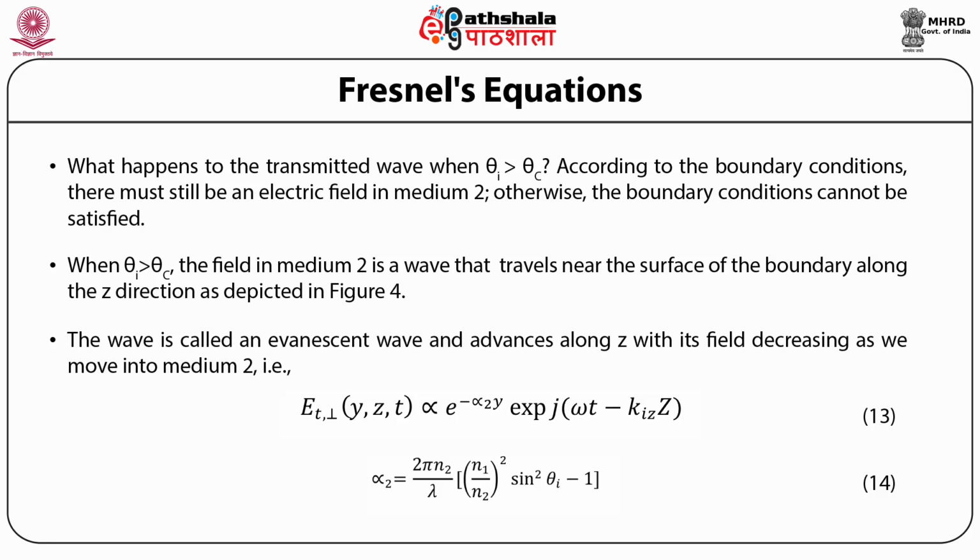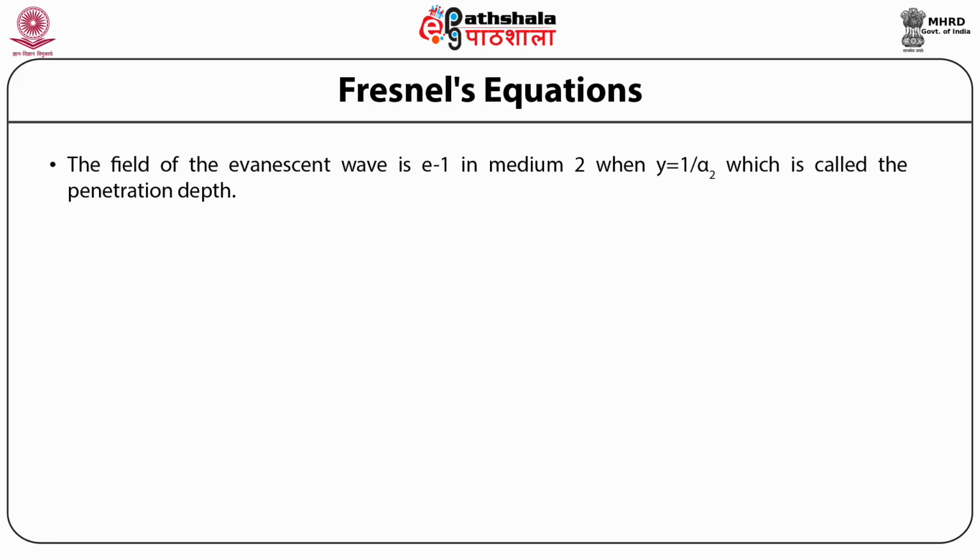According to equation 13, the evanescent wave travels along z and has an amplitude that decays exponentially as we move from the boundary into medium 2 along y as shown in figure 1b. The field of the evanescent wave falls to e to the power minus 1 in medium 2, where y is equal to 1 by alpha 2, which is called the penetration depth.